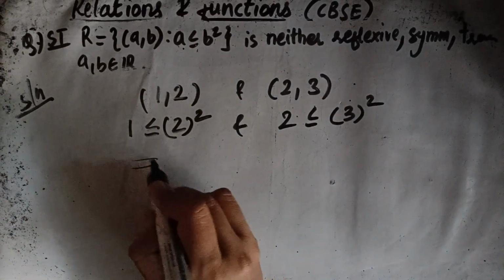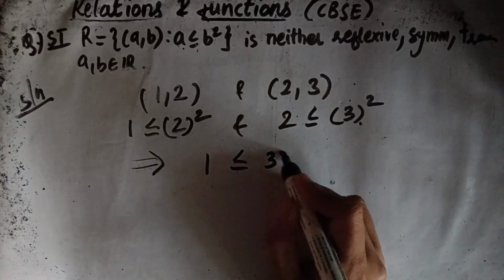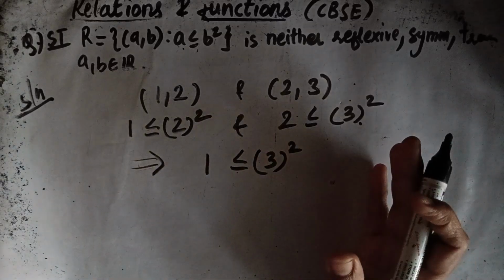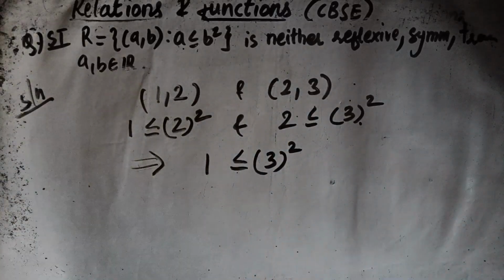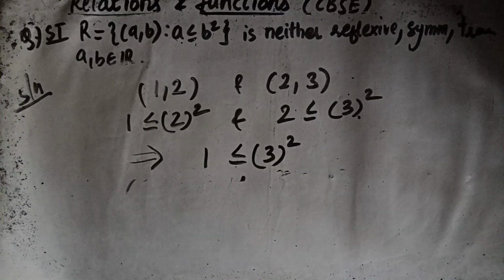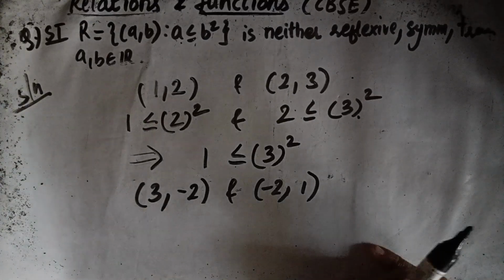And here 1 is less than or equal to 3 squared. This is also possible if you take some natural numbers. So I'll take another example now. For these numbers it is possible. So if I take other numbers, then it is not possible.